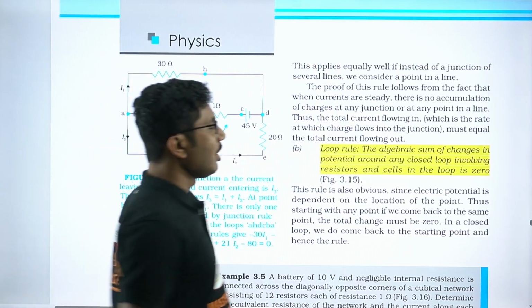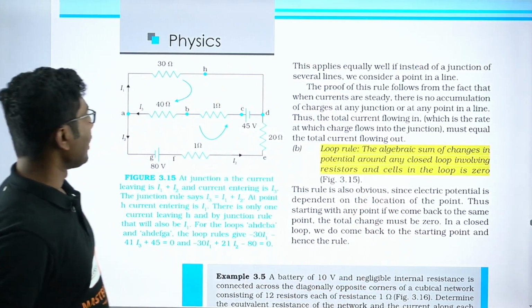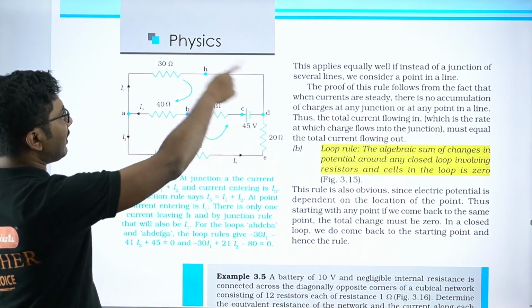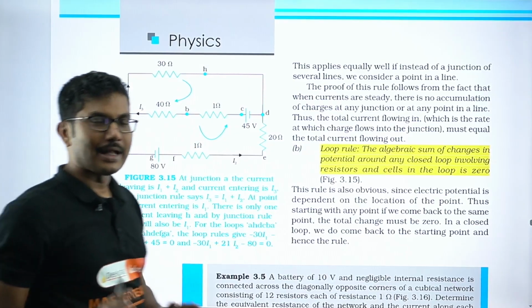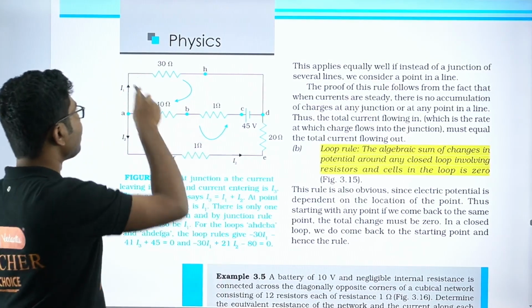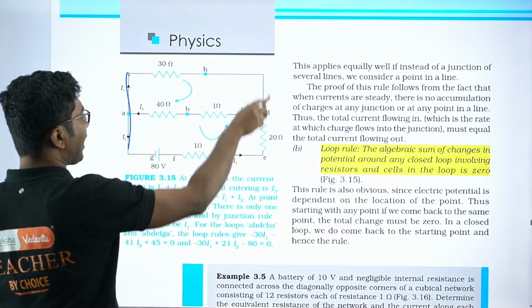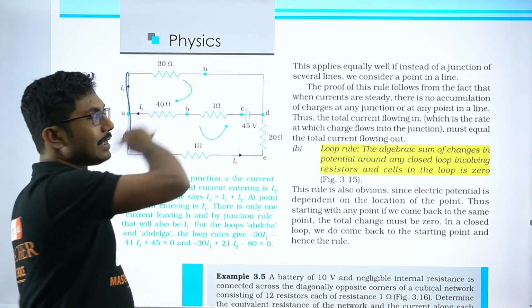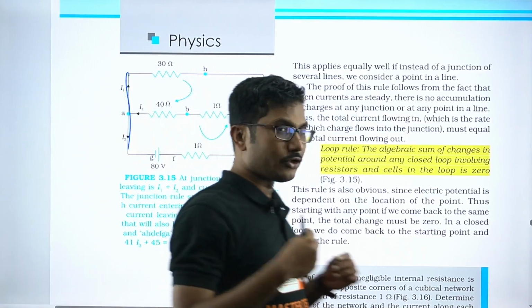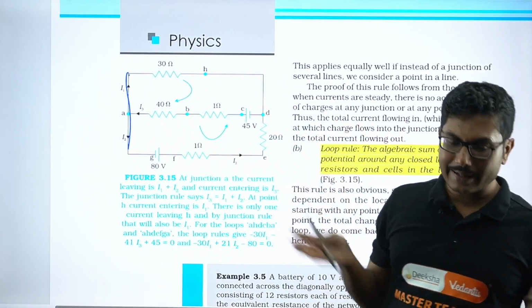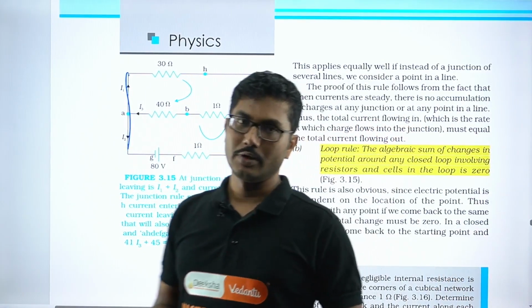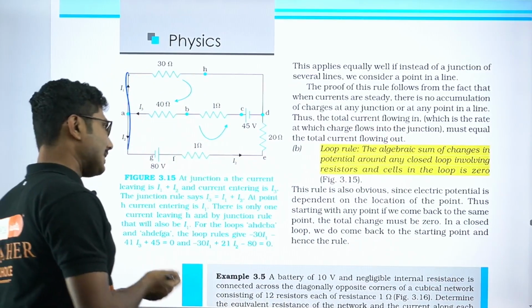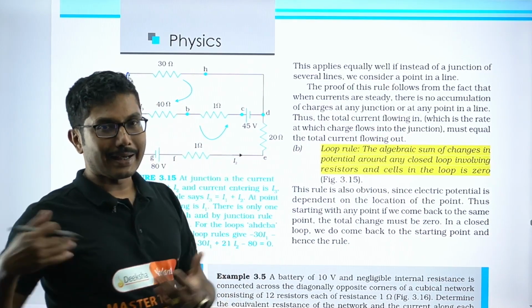And the loop rule says that if you go through any given loop, any single identifiable loop, you start here and go along any one single path at a time. If this completes a loop, then in that loop, if you add up the voltage drops across the resistances, everything, you will get zero. Basically it includes the battery as well.